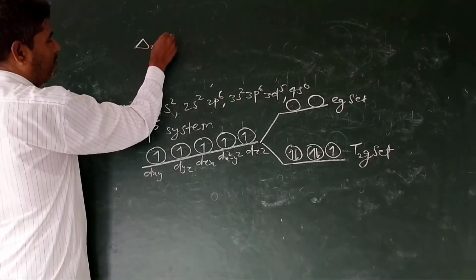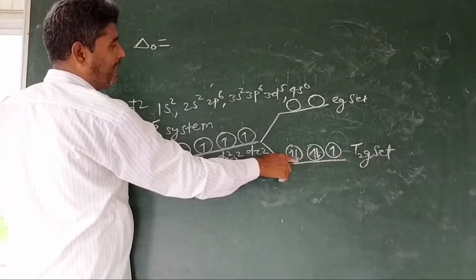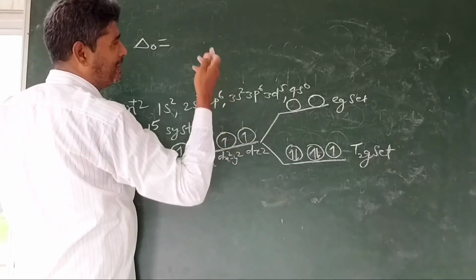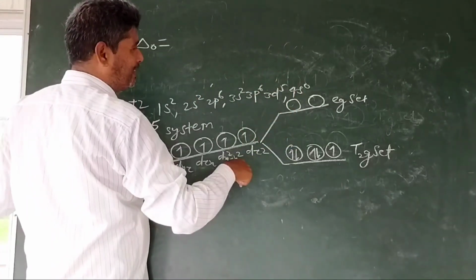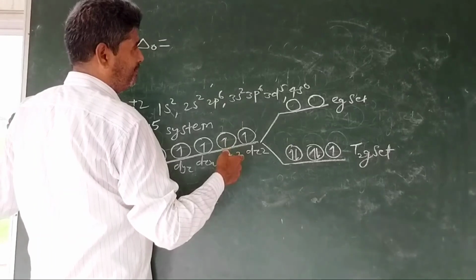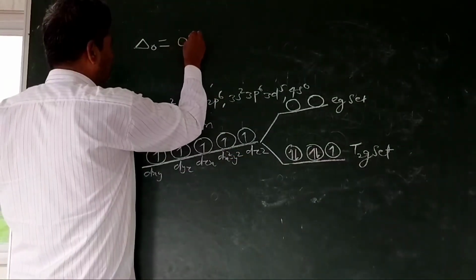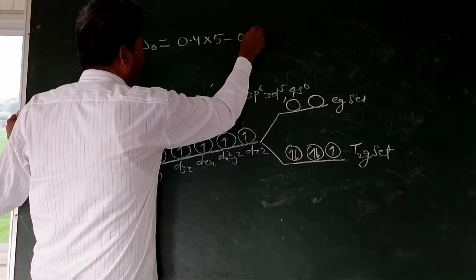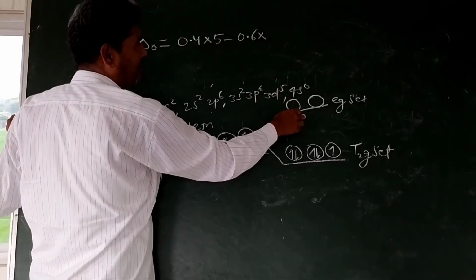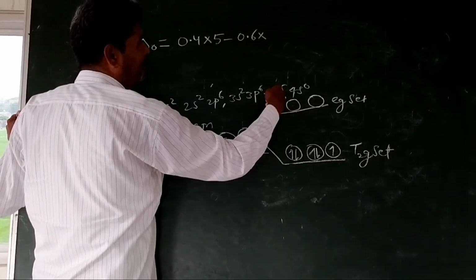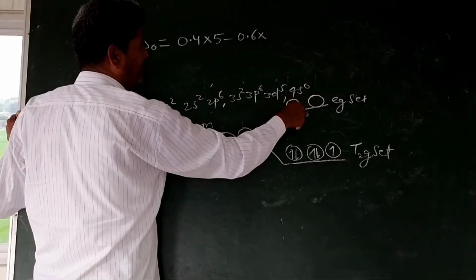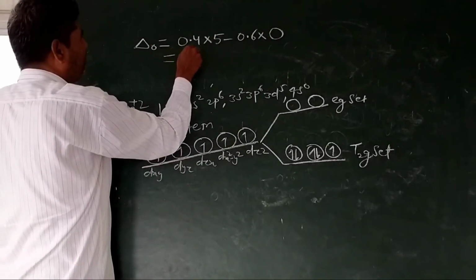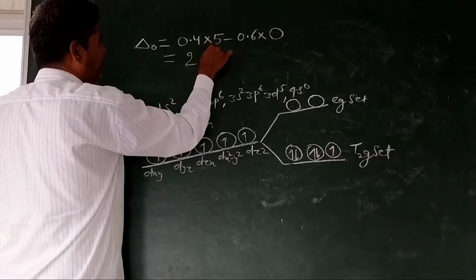Each electron in the t2g set stabilizes the complex by 0.4 and each electron in the eg set decreases the stability by 0.6. So 0.4 times the number of electrons in t2g, 5, minus 0.6 times the number of electrons in eg. Here there are no electrons in eg, so we will have 2. The unit of this is delta O.